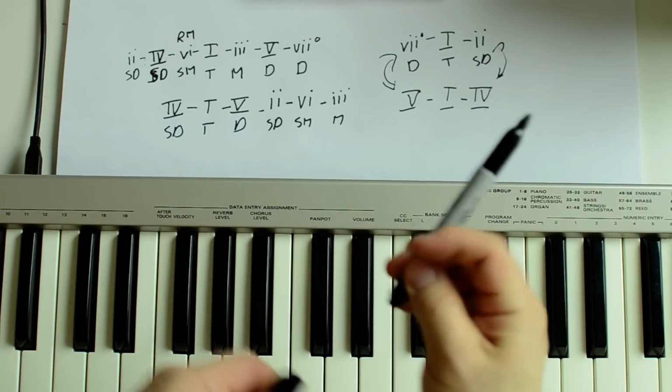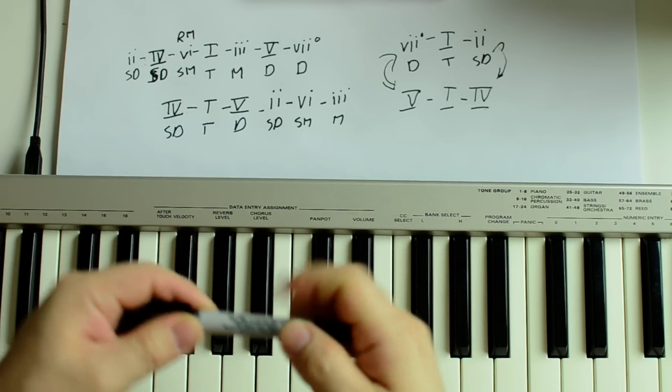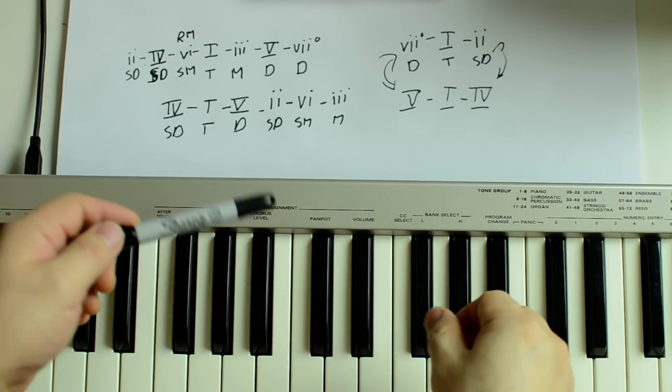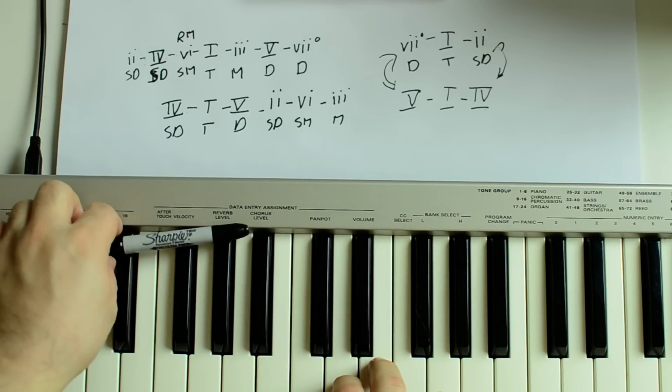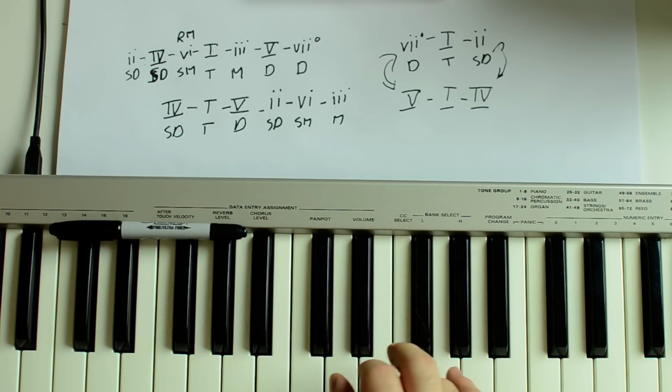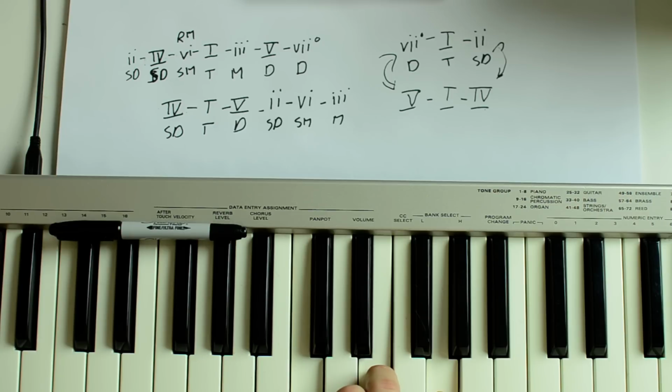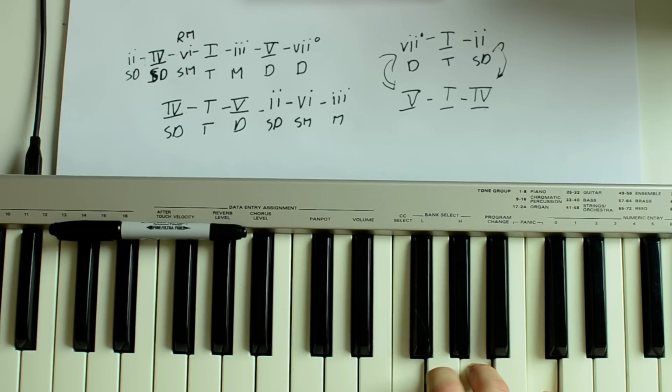So movement by seconds and movement by fourths are actually related, and this is quite clear if we actually just sit at the keyboard and do this. Here's the 1, here's the 4, and simply by adding this note down here, we're on the second. So this movement by fourths is closely related to this movement by seconds.